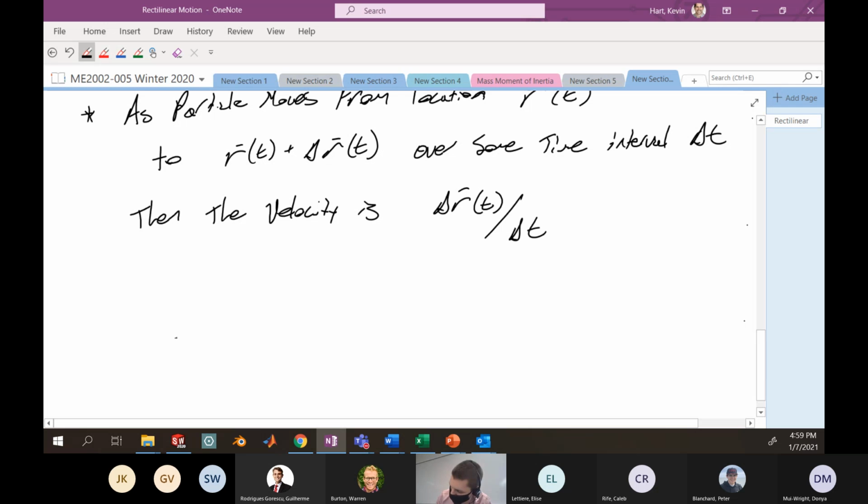If you want to visualize this on your little timeline, not timeline, position line. Here we are at P, and we're going to move to another location that's like P prime. Then the distance here that we move is this change in the position vector, delta r.